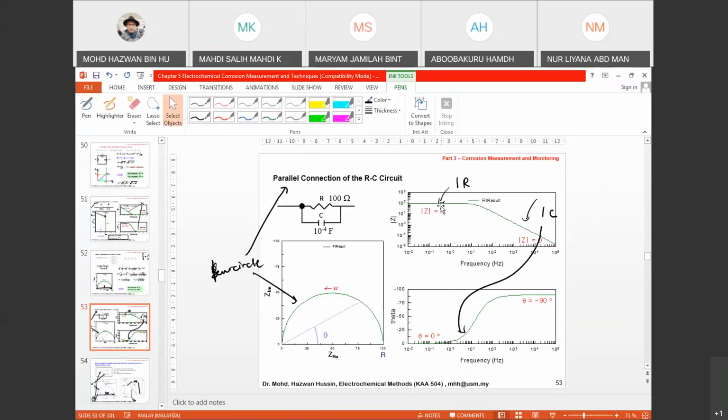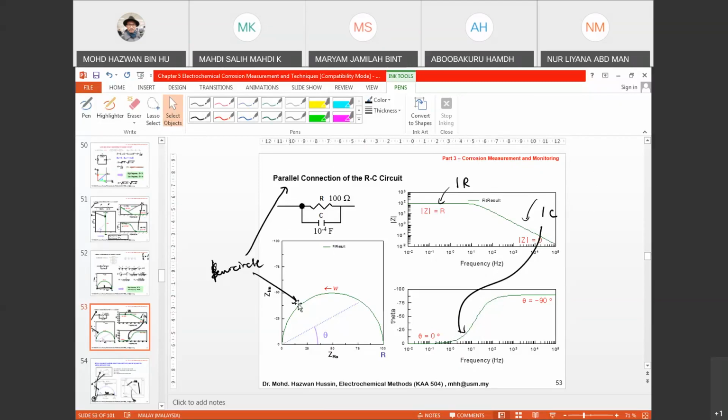So this indicates that you have one resistor, and then you have one slope, okay, which indicates that you have one capacitor. Same thing for the capacitive loop, or for the phase angle plot, you can see that it forms like a half loop. Then this also indicates that you have one capacitance.